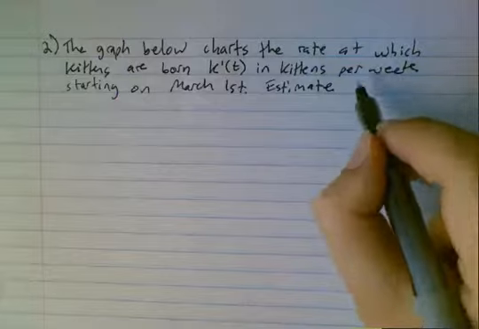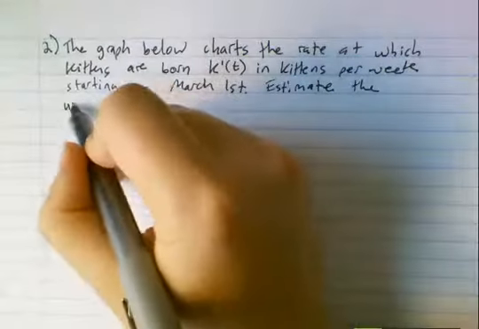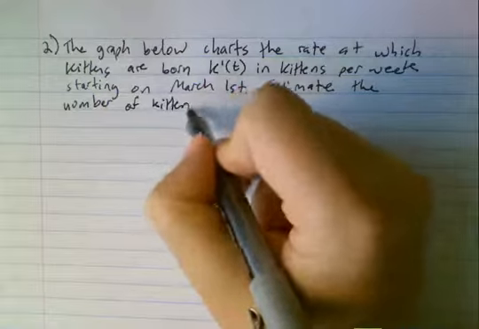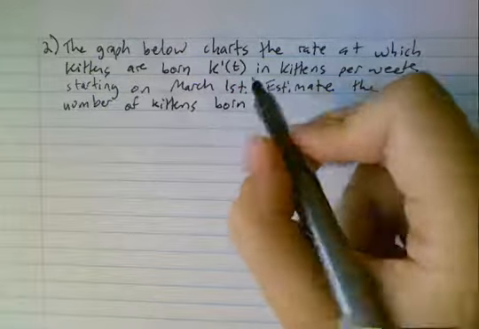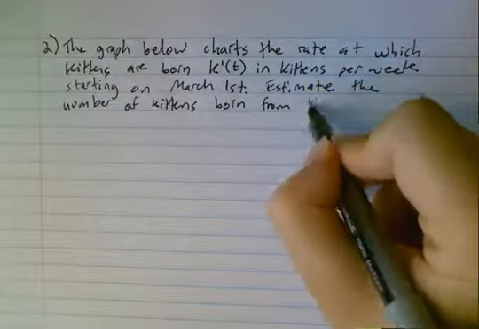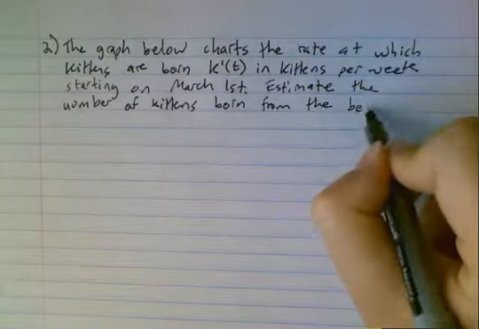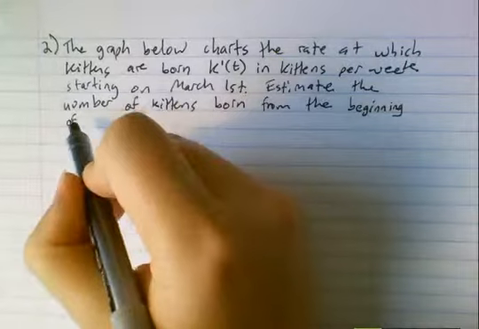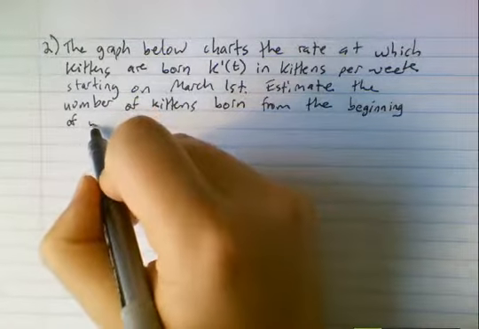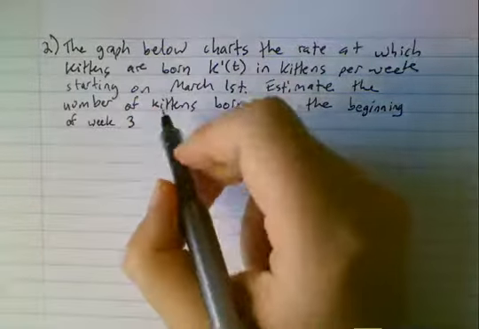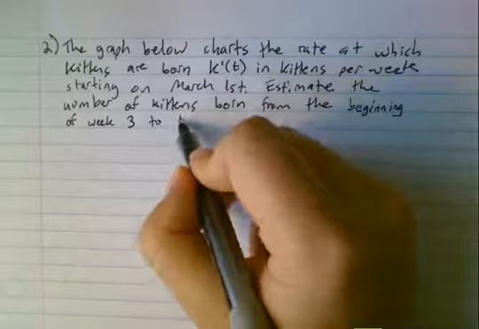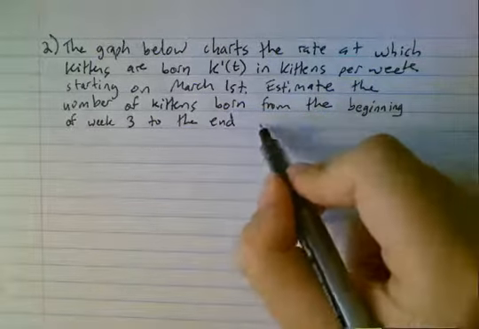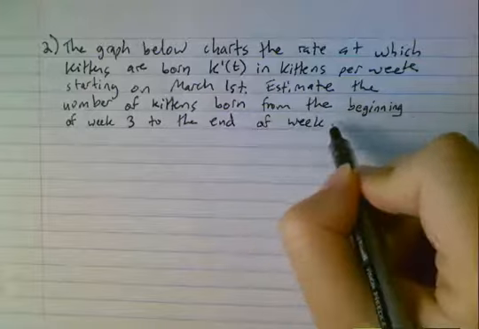Estimate the number of kittens born from the beginning of week 3 to the end of week 9.